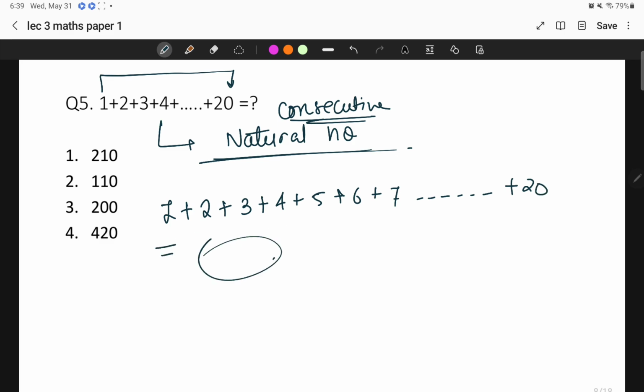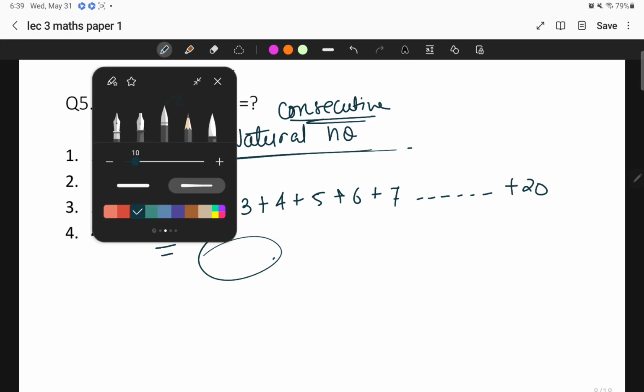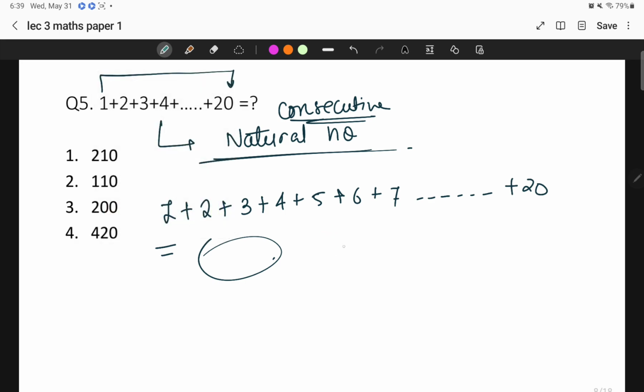For this we have one formula. Whenever they ask us to find the summation of consecutive natural numbers, the formula is, note it down, n into n plus 1 divided by 2. Already taken in our foundation batch, but still I am repeating this.